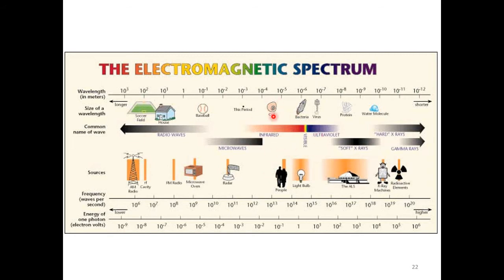Infrared 红外线 and ultraviolet 紫外线 are somewhere here. So all of them are electromagnetic waves, and I think you learned it in chapter 33. I'll try to tell you how to solve the Maxwell equations, and then you have the wave equation somehow like this, and then solve the differential equation. So you get the answer for the EM wave.